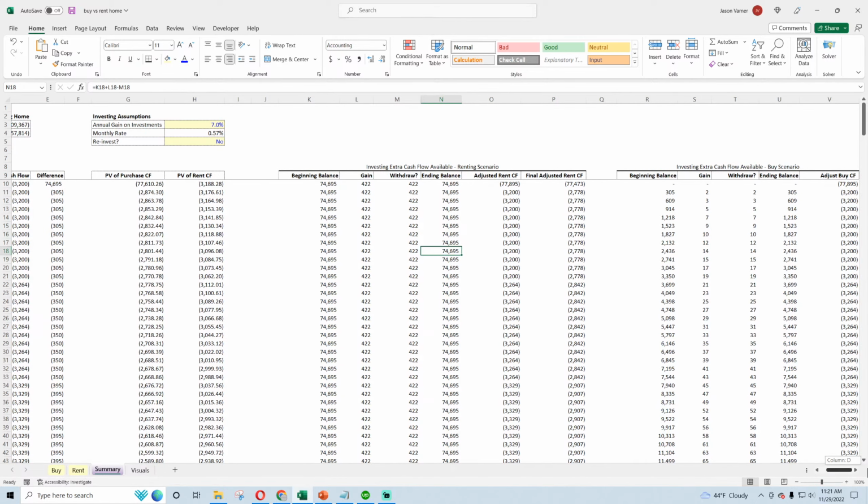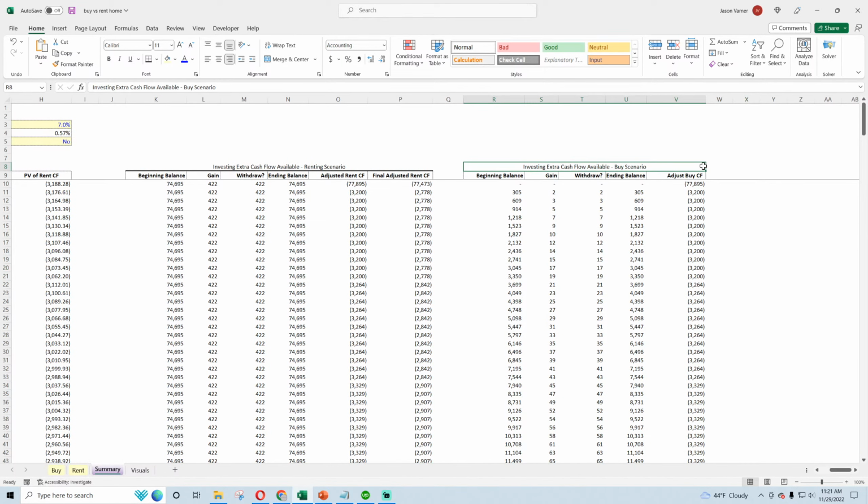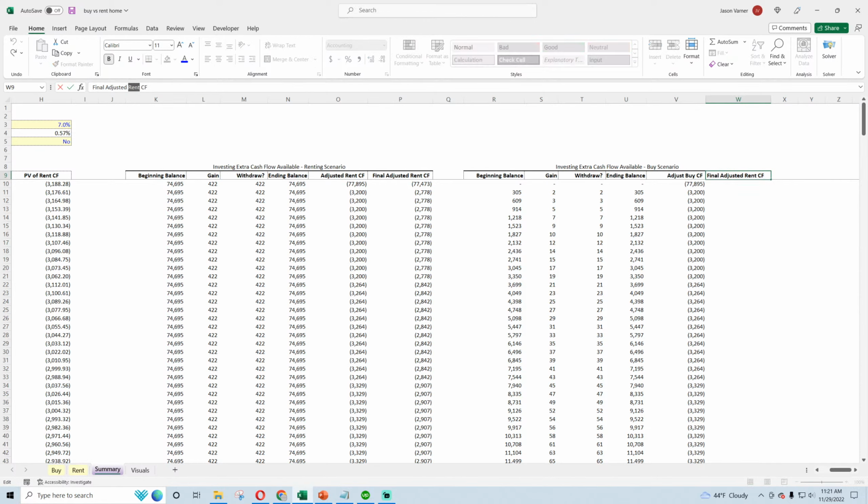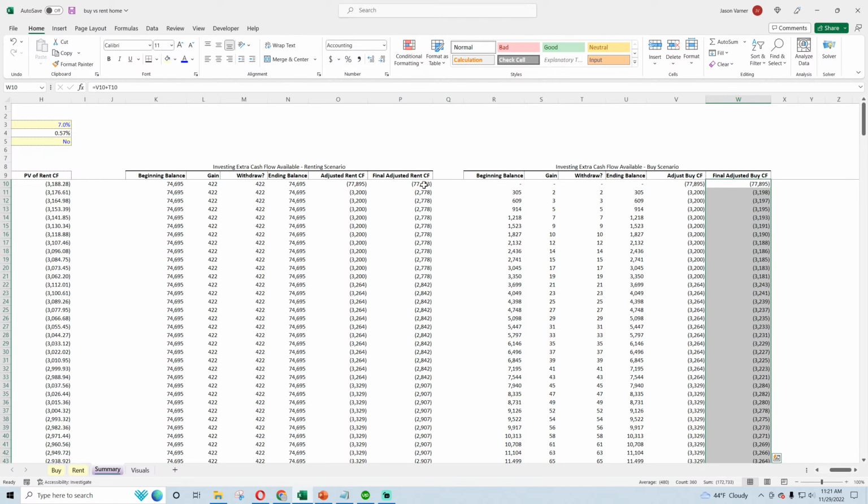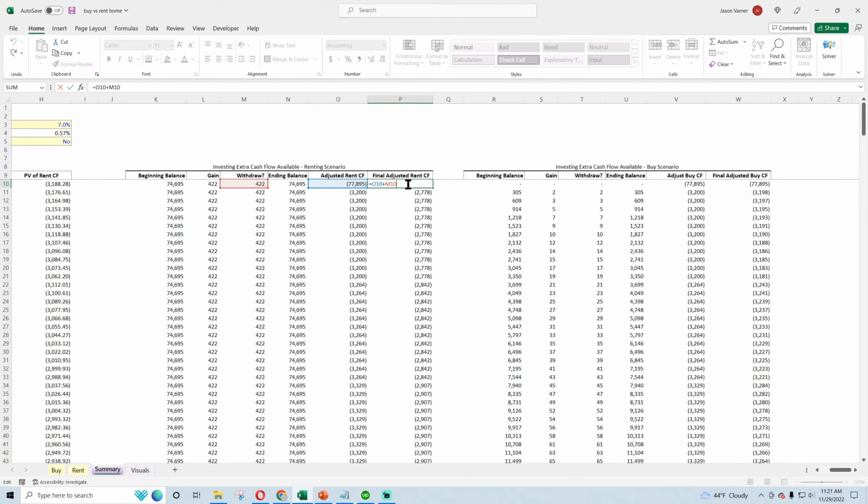And then here, same deal. Final adjusted buy cash flow. And it's just going to be whatever this is plus any withdrawals. Let me make sure I did this right. Okay, withdrawal.